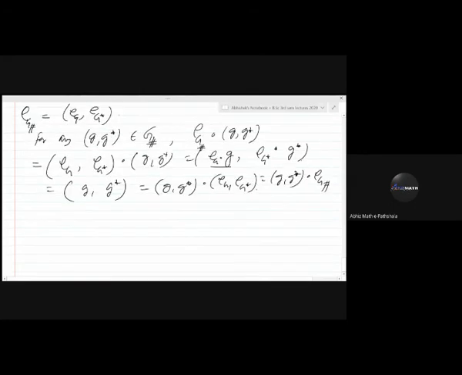So that means this one is g and this one is g star. And in a similar way, you can show that (g, g star) circle EG sharp is also (g, g star). Okay. So this proves that this EG sharp is the identity in G sharp.